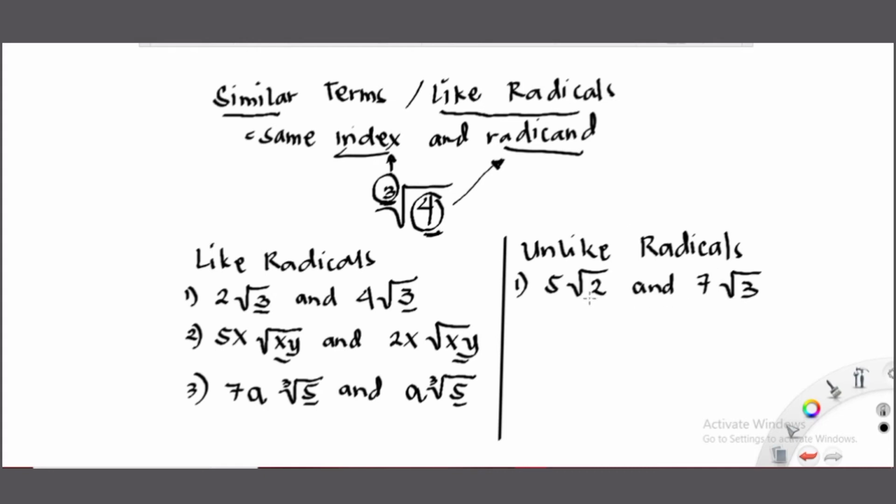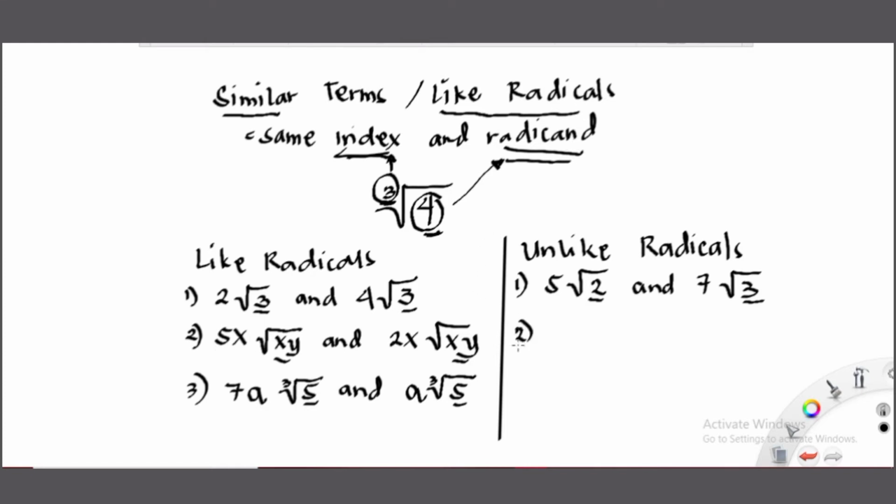Sa una nating radical, we have 2, and on the second radical, we have 3. So, magkaiba. Even though the same ang index nila, pero magkaiba yung radicand nila, so we can say that these two are not similar radicals. Because, again, for similar radicals, dapat yung dalawang condition ay present: the same index and at the same time, the same radicand.